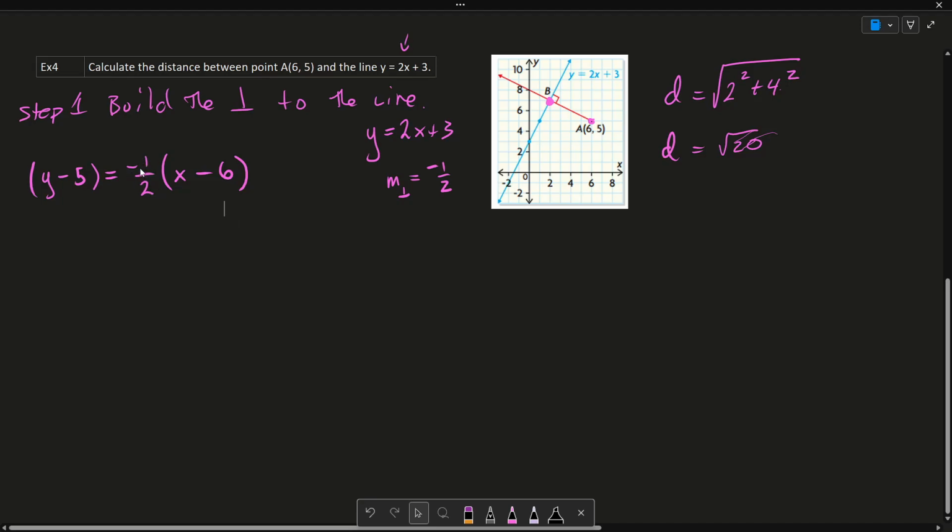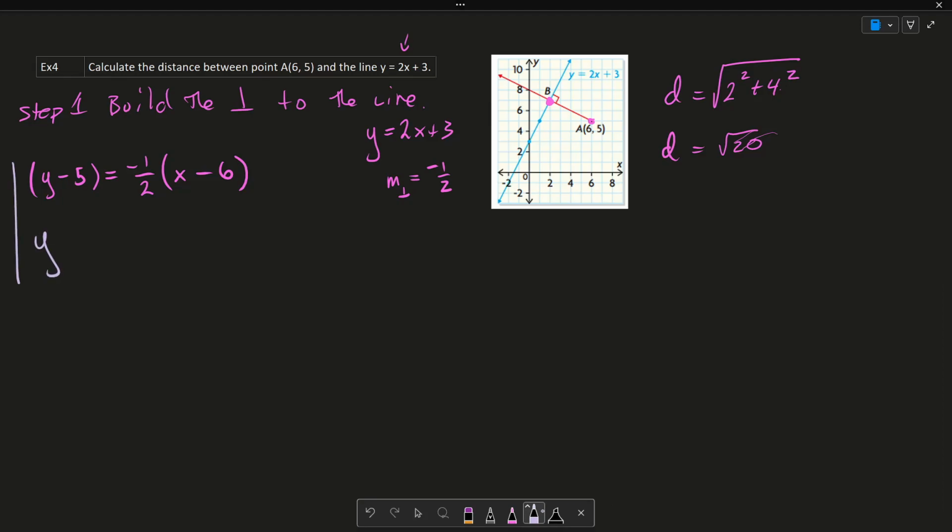If you know the slope, you put it here, and if you know a point, you put its y coordinate there and its x coordinate here, okay? Well, that's my line, and now I have to find the intersection between that and this, 2x minus 3. So I have to find the intersection here.